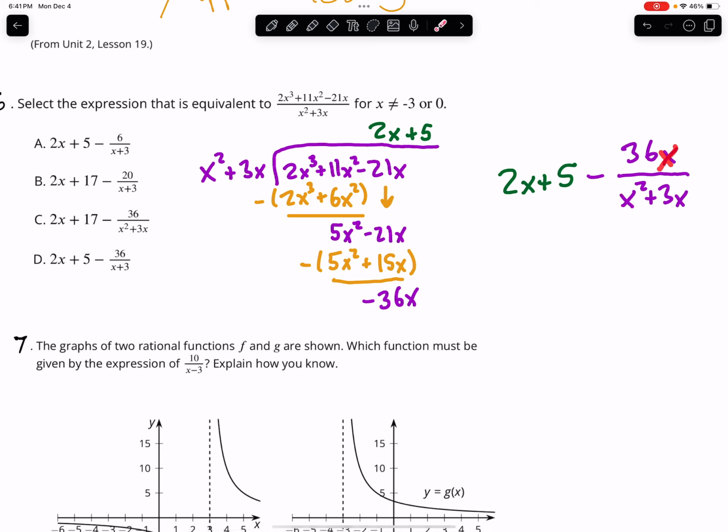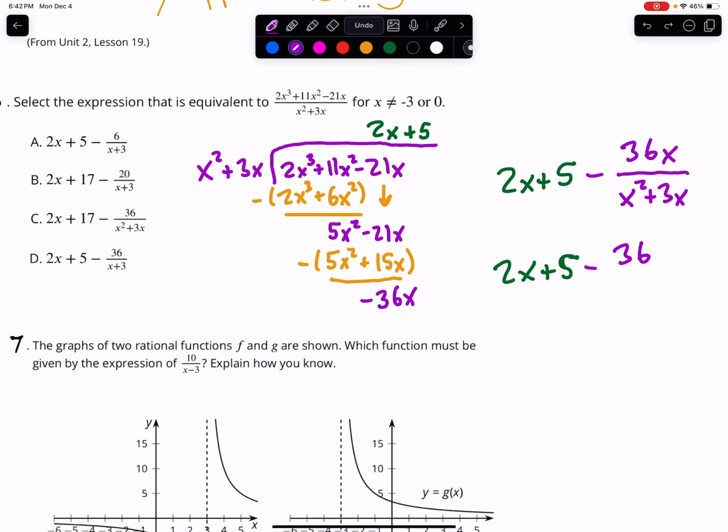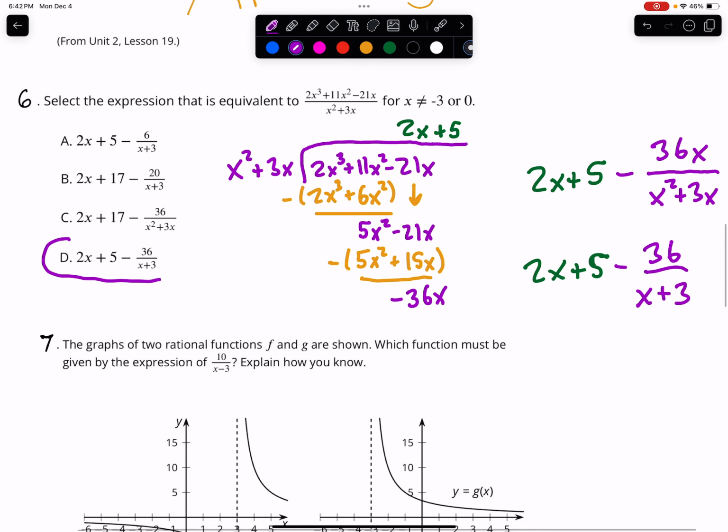If I divide everything by x, we could simplify this a little bit. So we got 2x plus 5. And I'm going to pull an x out of the numerator and the denominator. Minus 36. I divided 36x by x. I got 36. I'm going to divide x squared by x and get x. And 3x divided by x is 3. This looks like it could be one of the answers, right? That looks like D. Here we go.